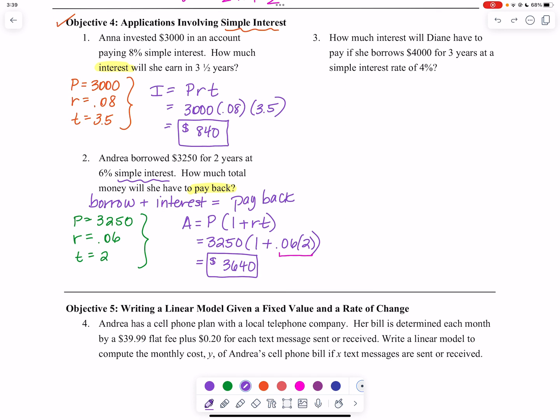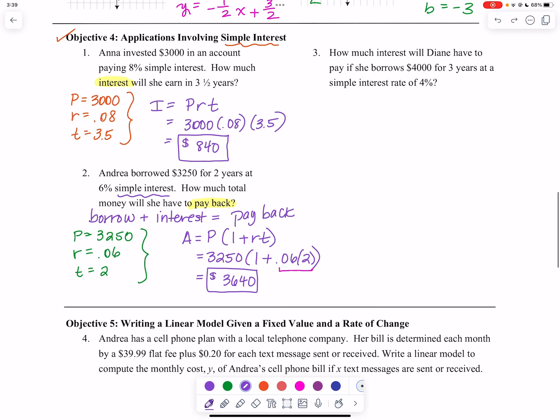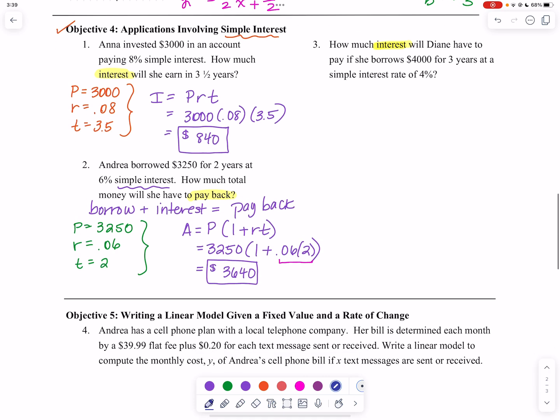Okay, looking at number 3, this is just interest, not the total amount. So writing down what we have been given, Diane has to pay if she borrows, so that principal amount of $4,000. The rate, let me rewrite this, P. That rate is equal to 0.04, and now we have a 3-year time period.